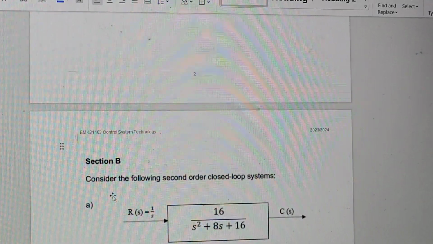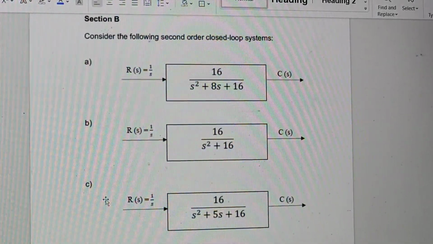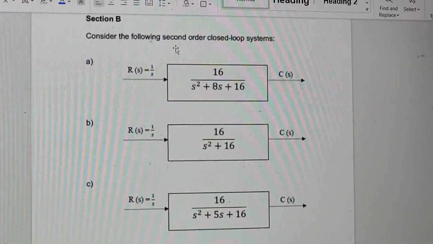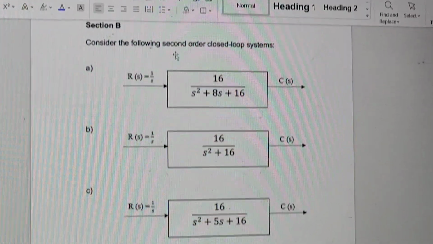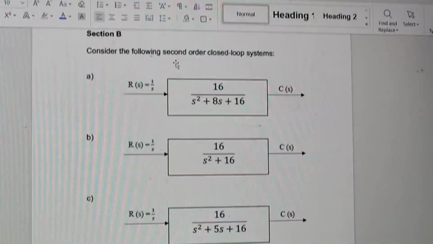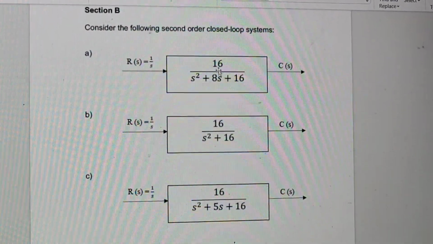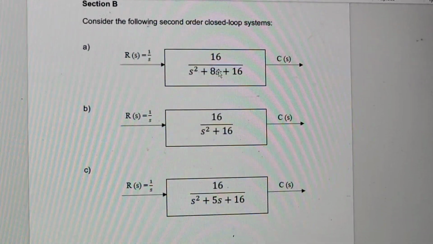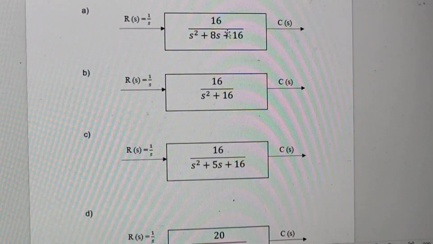For section B, we have 4 questions. Consider the following second order closed loop system. So first of all, question A is 16 over s square plus 8s plus 16.